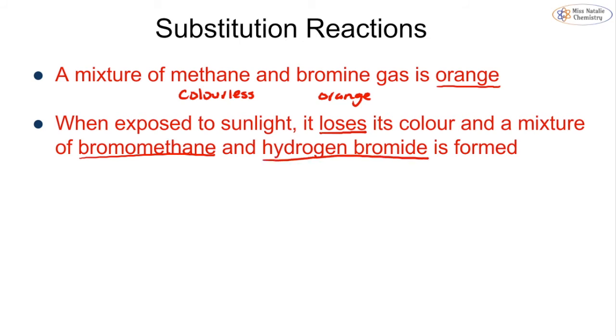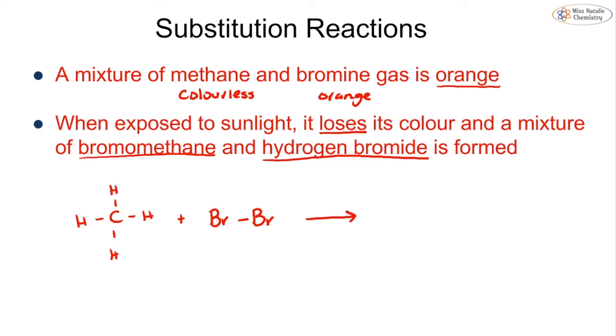So what we want to see is what this actually looks like. So if we have methane, which we know is CH4, like that, and we react it with bromine. Now remember, bromine is diatomic, so it is Br2. This is going to form this new compound, bromomethane.